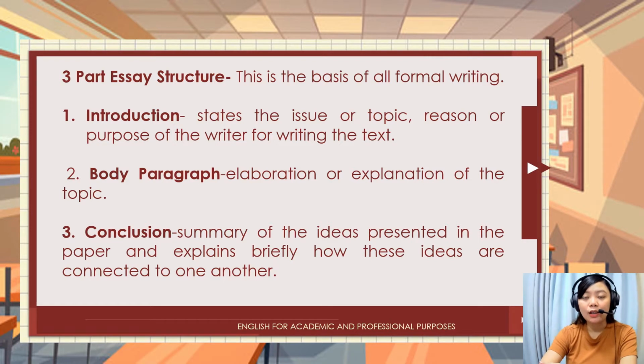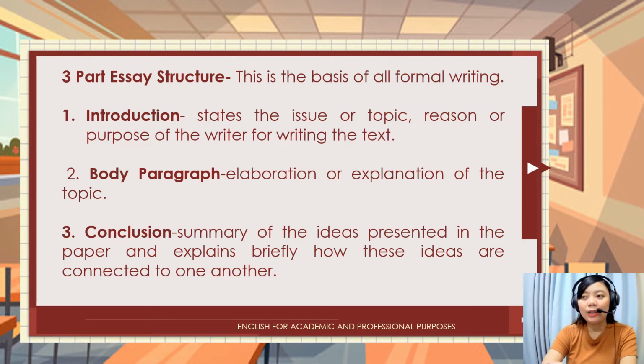This is the basis of all formal and informal writing. First, the introduction. You know for a fact that in the introduction, we state the issue, topic, reason or purpose of the writer for writing the text. For academic text and formal written text, it is evident and important that you state the issue or topic, the thing that you are talking about.